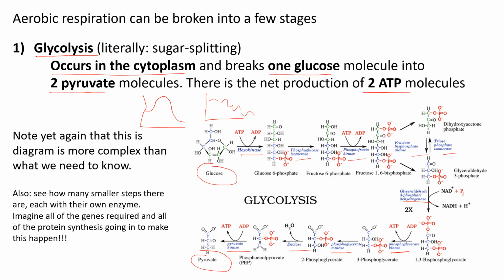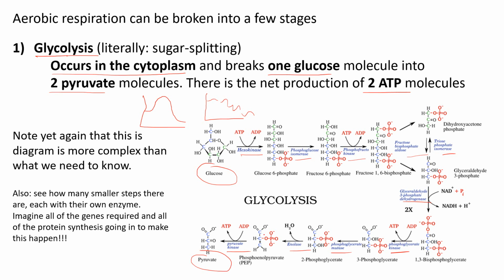Some of them will take more than one gene because they might be a protein at the quaternary level of structure, which requires more than one polypeptide. We've said before there are thousands of genes, and this is one of the reasons, because processes that we often represent in a simple way actually have lots of enzymes involved in them.